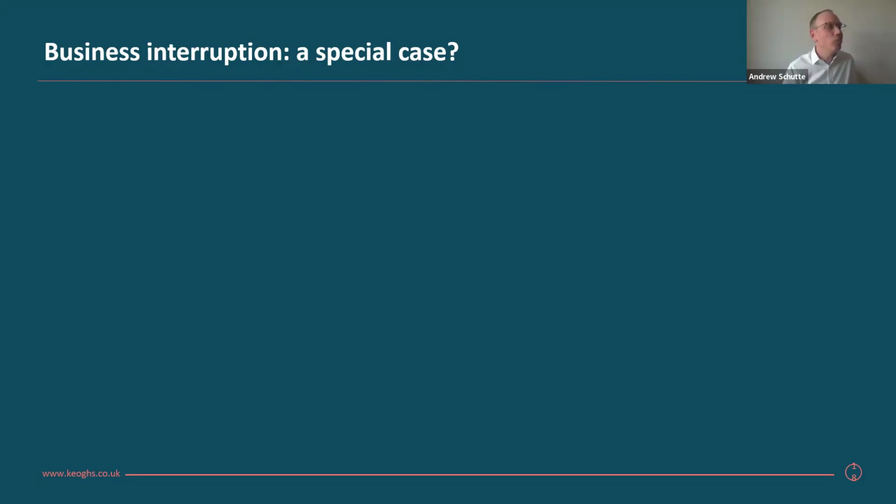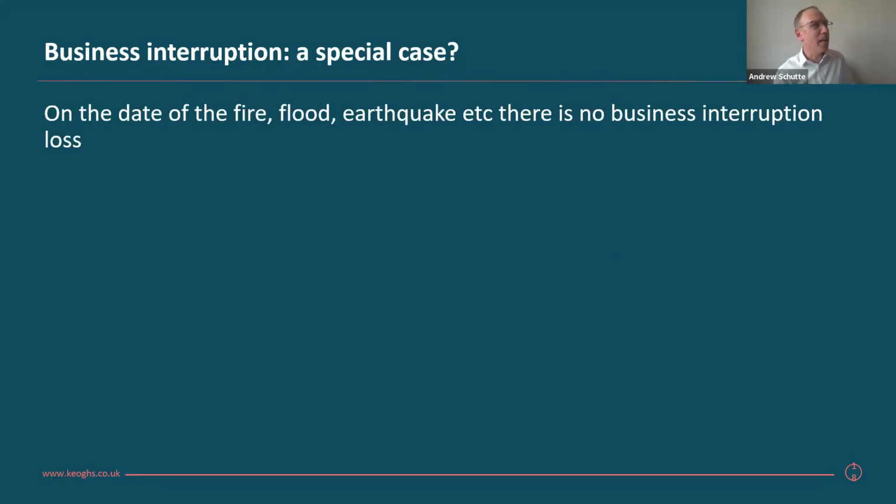Losses occurring, business interruption. Why? Because on the date of the flood, the fire, the earthquake, or the subsidence, whatever the peril might be, there isn't actually any business interruption loss. You're expecting that if the factory is burned down, there's going to be loss, and sure enough, there probably will be, but on that day one, you haven't actually suffered any loss.